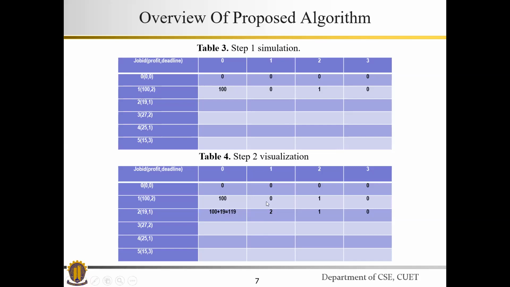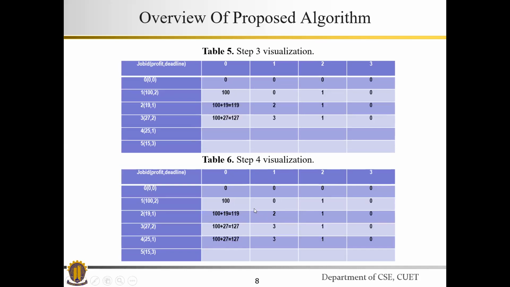Then the second condition we check is whether this profit is greater than the previous profit. Yes, the previous job's profit is 0, and this job's is 90, so I'll put it here. Now job 2 can be done, so this is the optimal solution of this row, and each row gives the optimal solution.